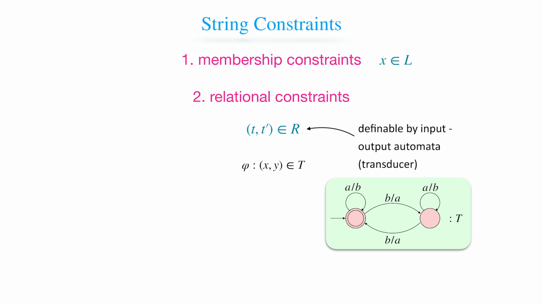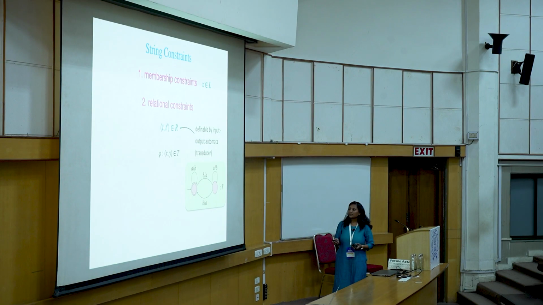Here is a sample example which has two states, one initial state indicated by an arrow, and one final state. The left side of the slash is the input, the right side is the output. It replaces A with B and B with A, and it accepts the string if it has an even number of B's.